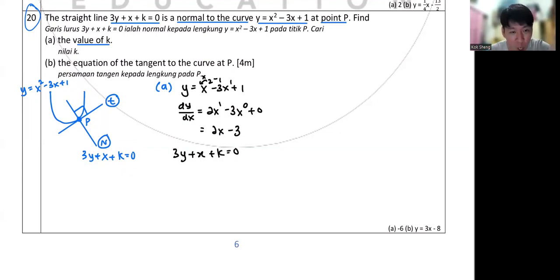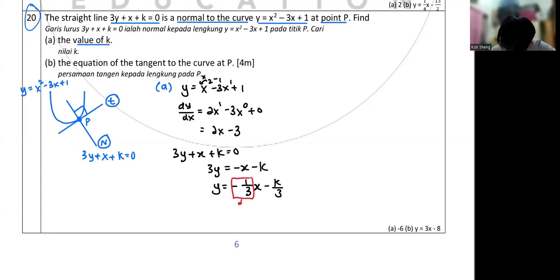To find the gradient of the normal, bring everything over to get y equals mx plus c. The 3 also brings over, divide. So that is your gradient of the normal.